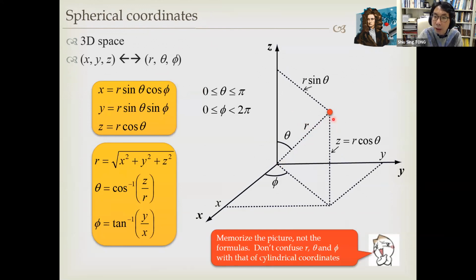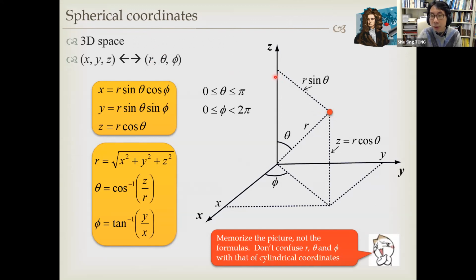Now the reason is that people are using cylindrical coordinate and spherical coordinate a lot, and they use the same symbol, especially the physicists.